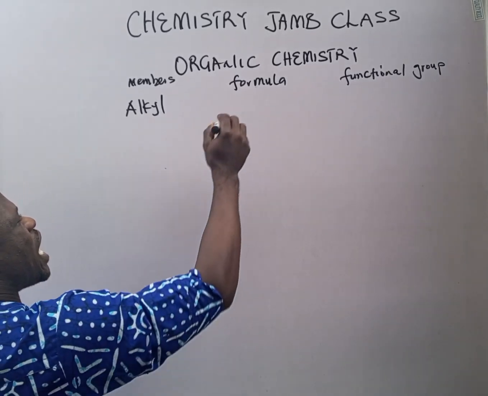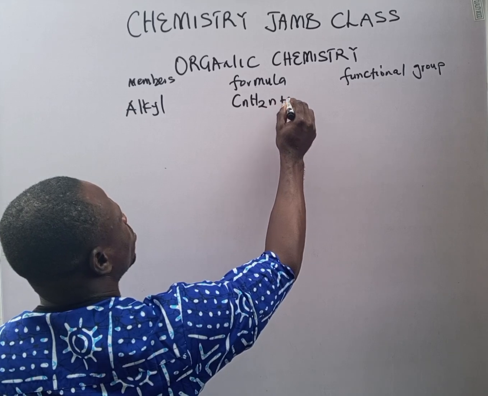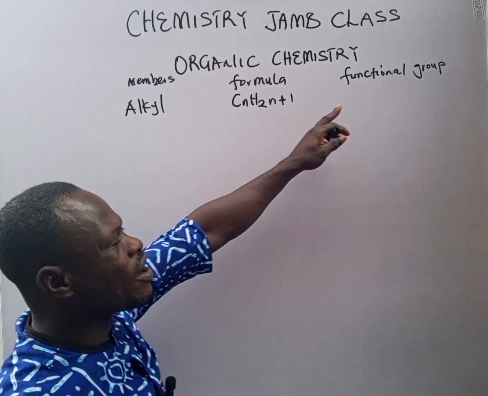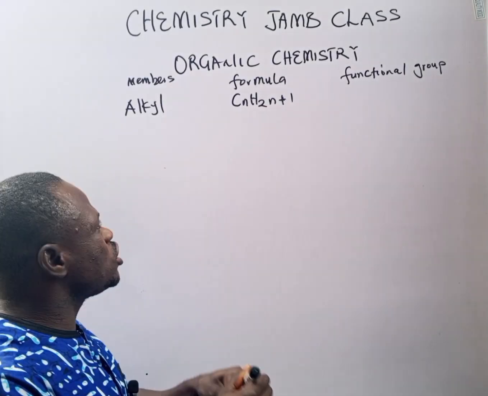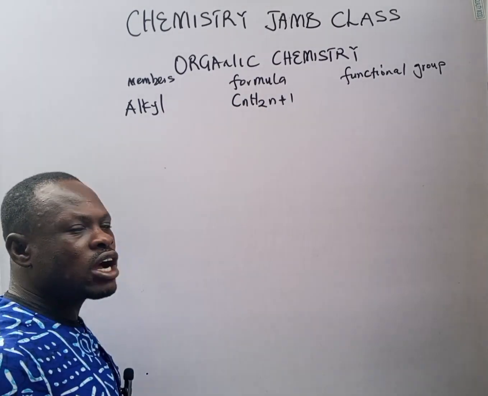The general formula of alkyl is CnH2n+1. This one does not have a functional group because it is formed by the removal of one hydrogen atom from the alkane family.